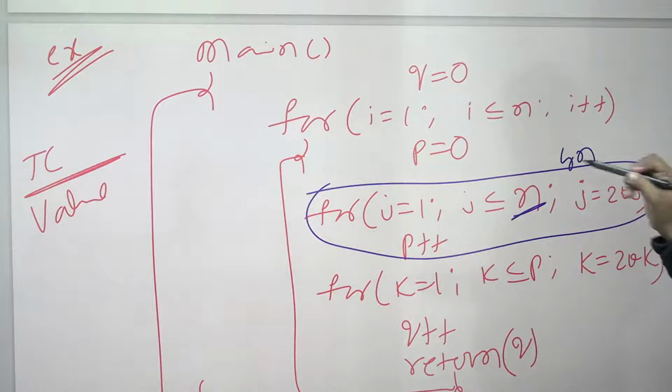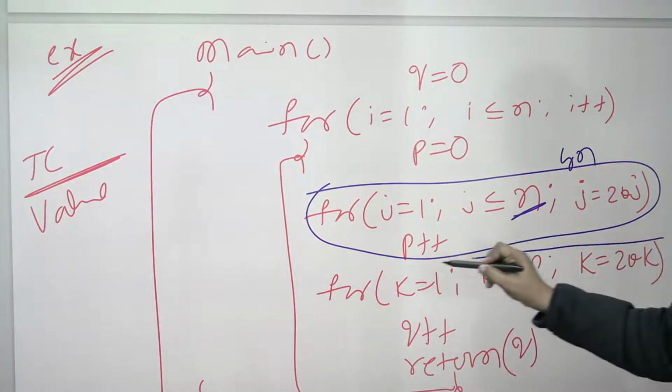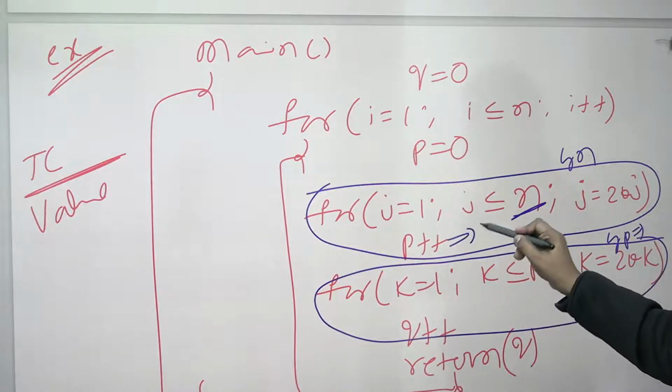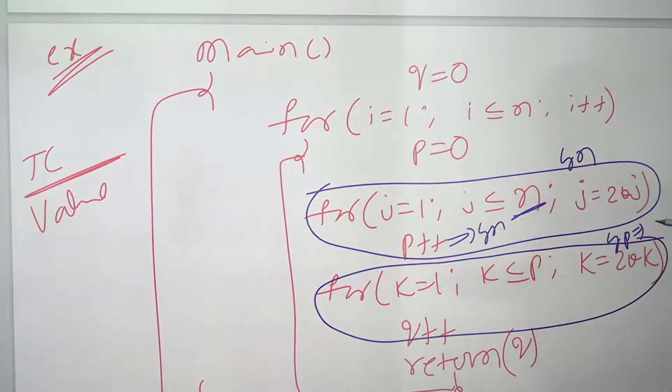This loop will go log p time, where p is log n. So the first loop is log n time, the second loop is log p time, which is nothing but log n.